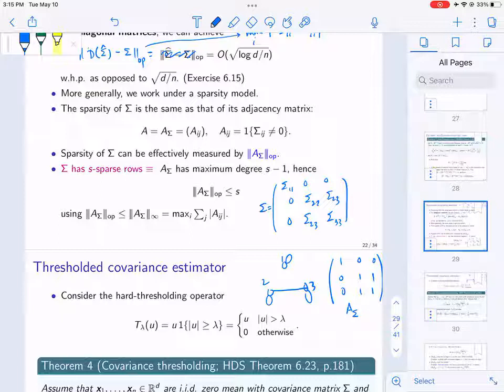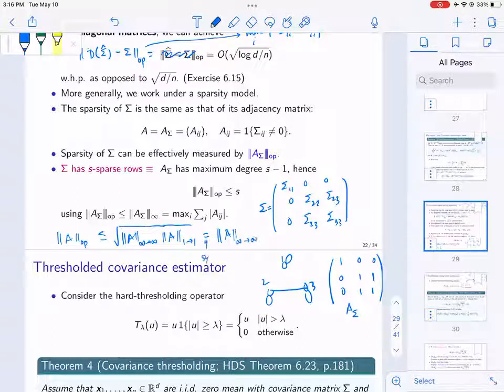One example to see why this is an interesting measure, instead of counting how many zeros, which we can also definitely do: if each row of this adjacency matrix has exactly S non-zero elements, then the operator norm of this is going to be bounded by S. The reason is a general inequality, the interpolation inequality: the operator norm of a matrix is bounded by root of the infinity-to-infinity and 1-to-1 norms.